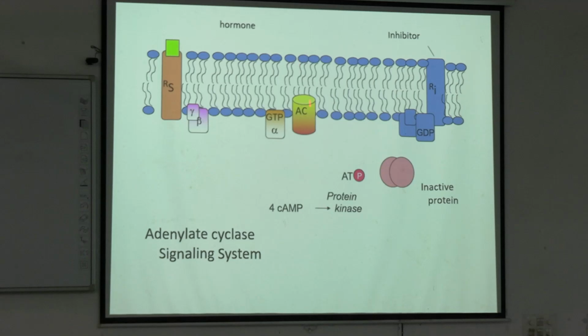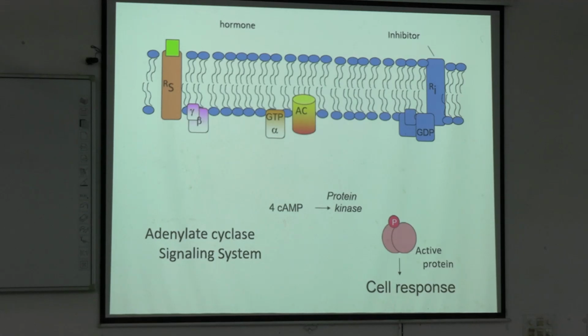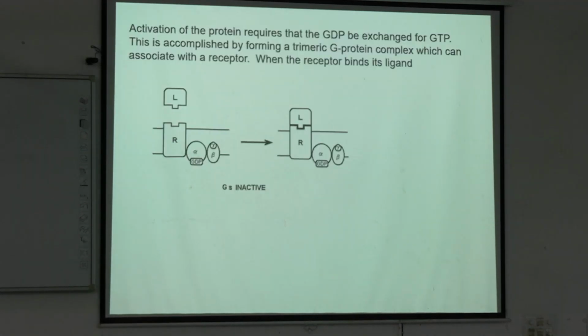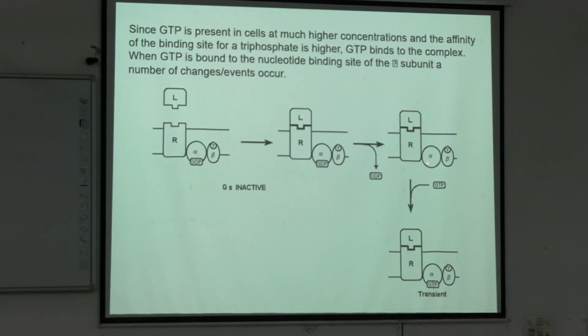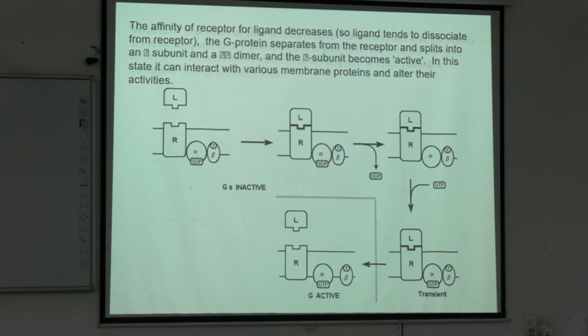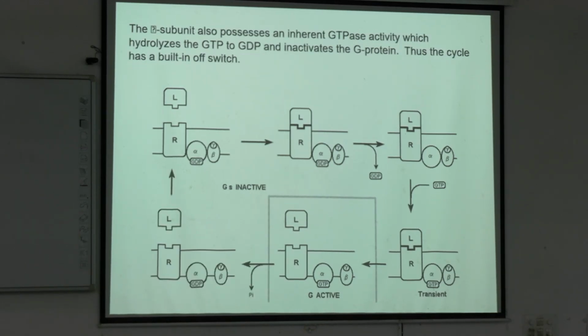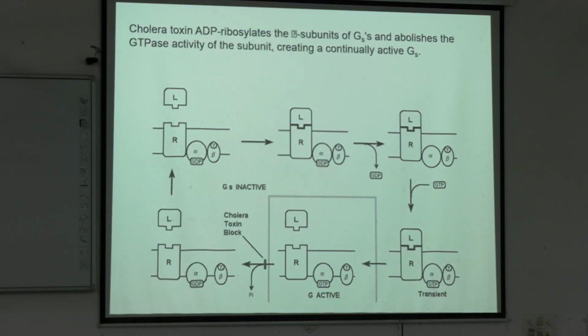Adenylyl cyclase is bound to the membrane by a 12 TM stretch of polypeptide. Fine? Clear? Inactive. L means ligand, R means receptor, alpha, beta and gamma. GTP binds, transient association, dissociates to form G active, then reassociates to regenerate the G protein. Correct?